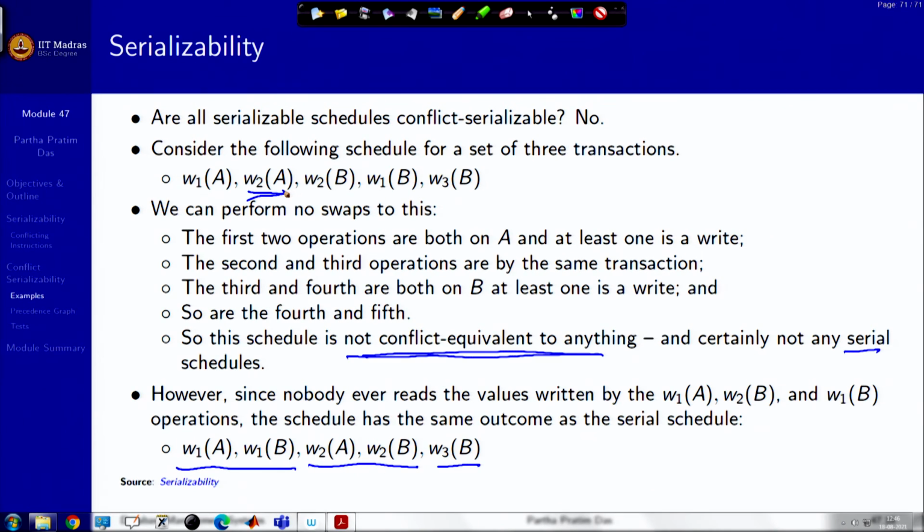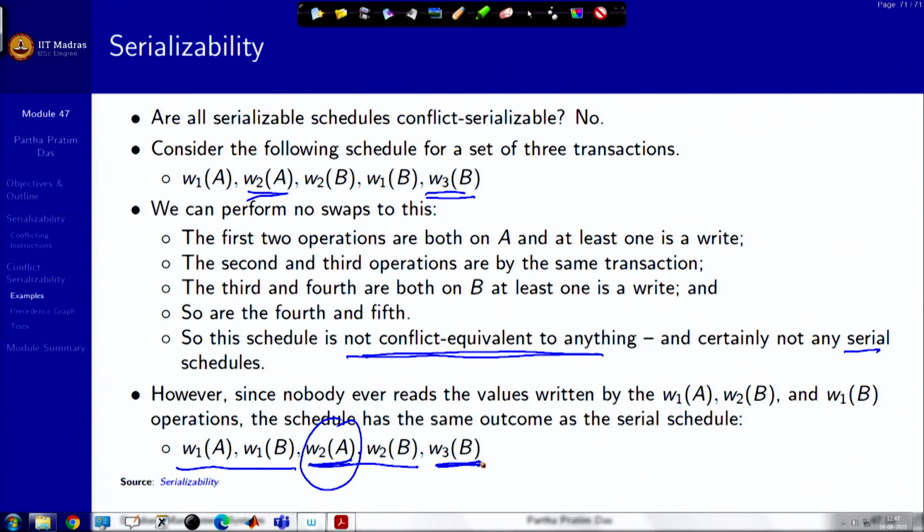A will be what has been written here and B will be what has been written here. If you see, after this A has not been written, so A will be what is written here and B will be what is written here.